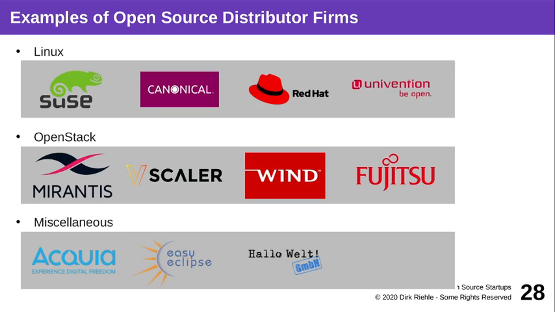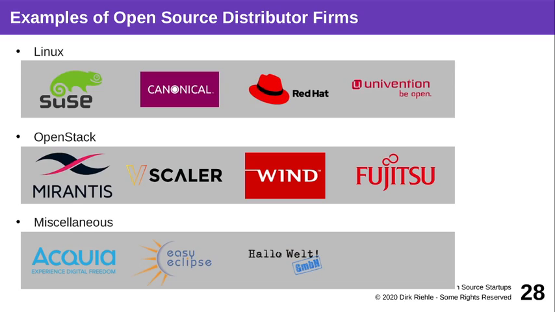And then in different domains and for different software, there are different distributions, often just one or two, so not necessarily a large market. So Acquia provides a Drupal distribution, but also provides additional functionality.